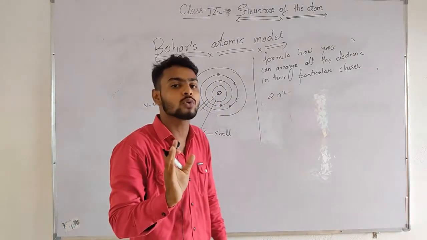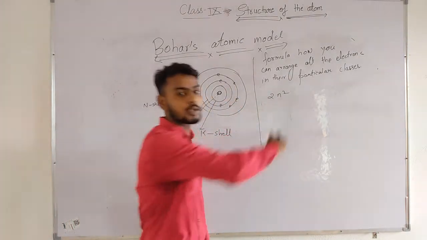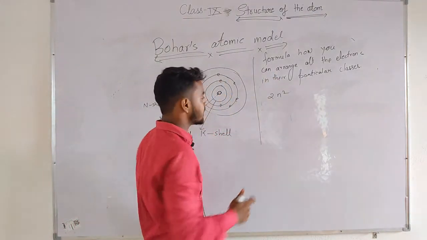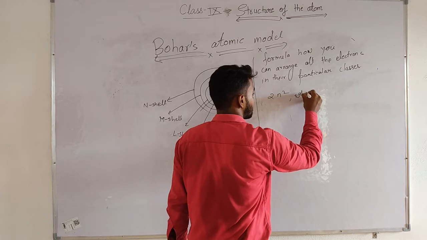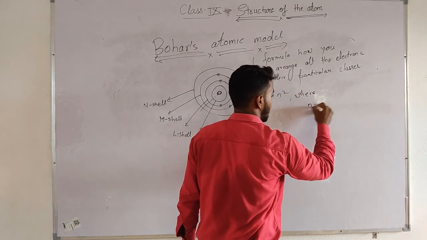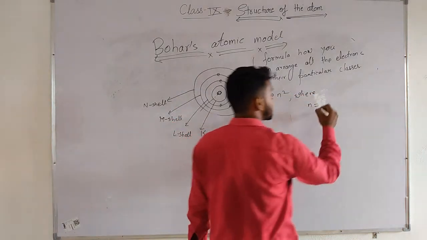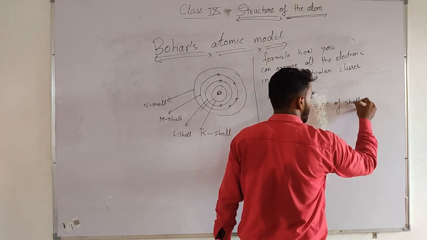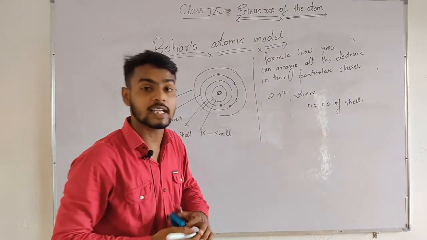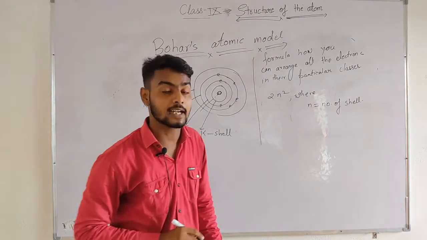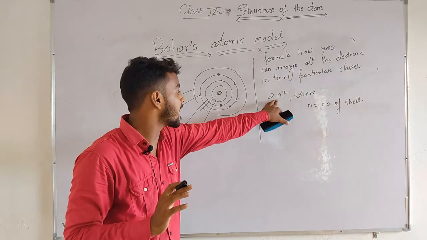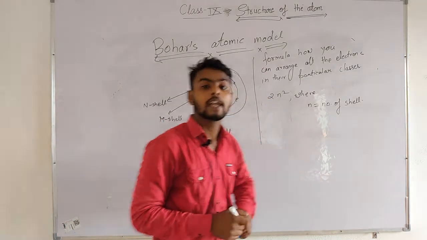You have to know the formula of the Bohr atomic model, and that formula is 2n square, where n is the number of the shell.